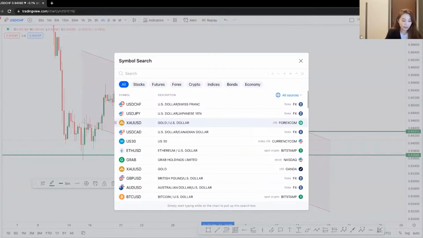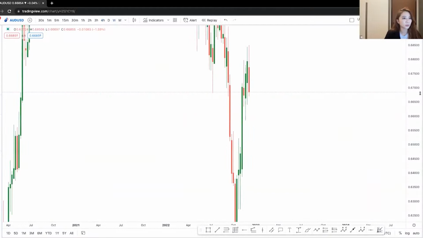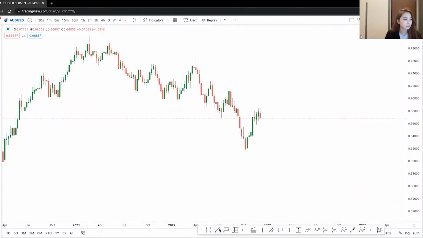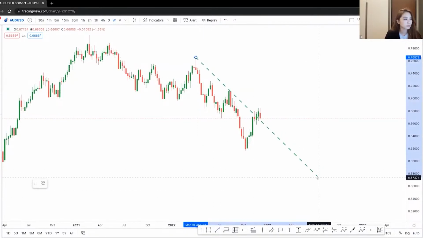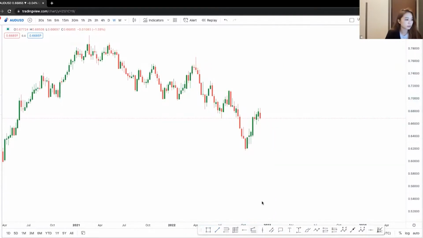Let's look at another pair. Maybe Aussie dollar. Okay, let's start from the weekly chart. Initially it was a downward moving, maybe it's a channel. Hold on.